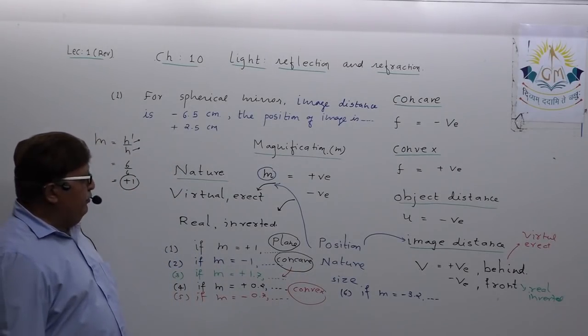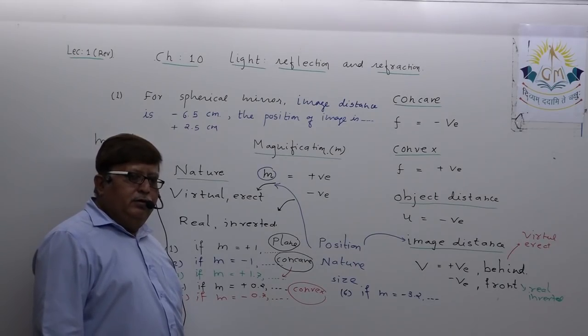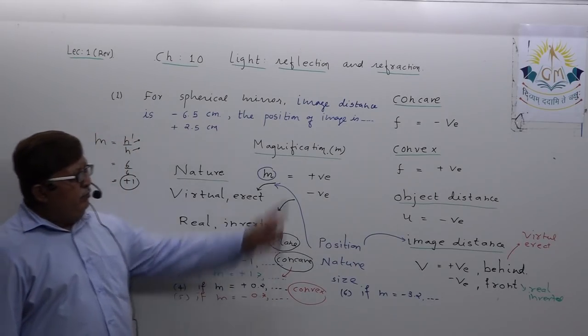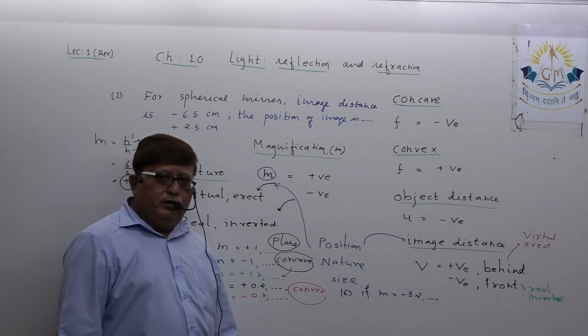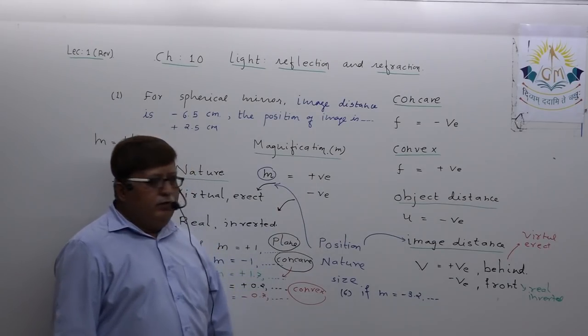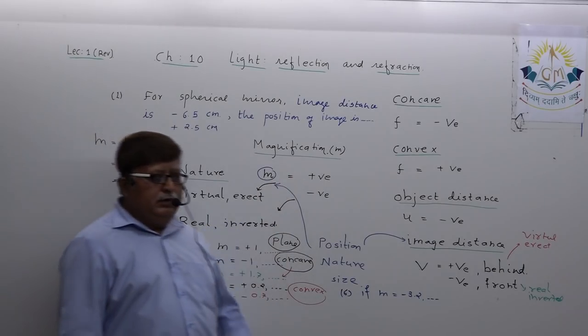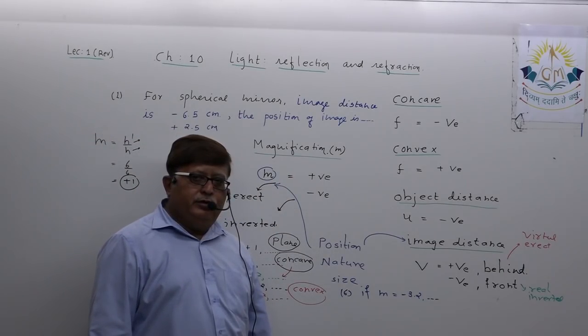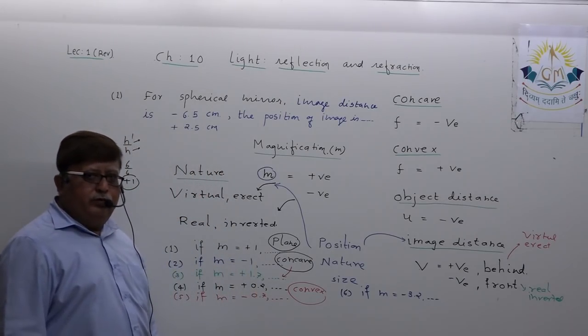So let's just have a sum up of the concept which you have understood. For concave mirror, never make any mistake in taking this: focal length is always negative. For convex mirror, focal length is always positive.